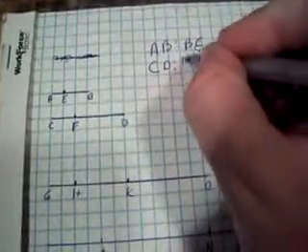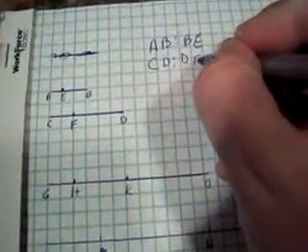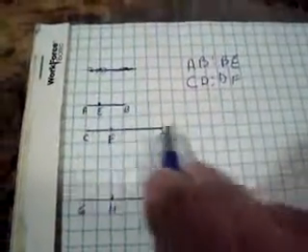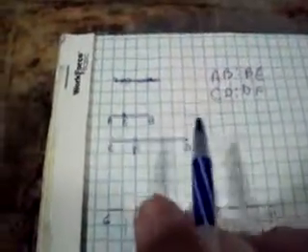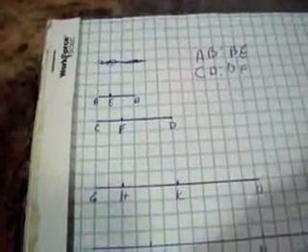CD to DF. Just like that. Okay, that's what they're saying here. If these magnitudes are proportional taken jointly, then they are also proportional taken separately. So in other words, at some point we're going to remove the BE and we're going to remove the DF, and we're still going to have proportions.